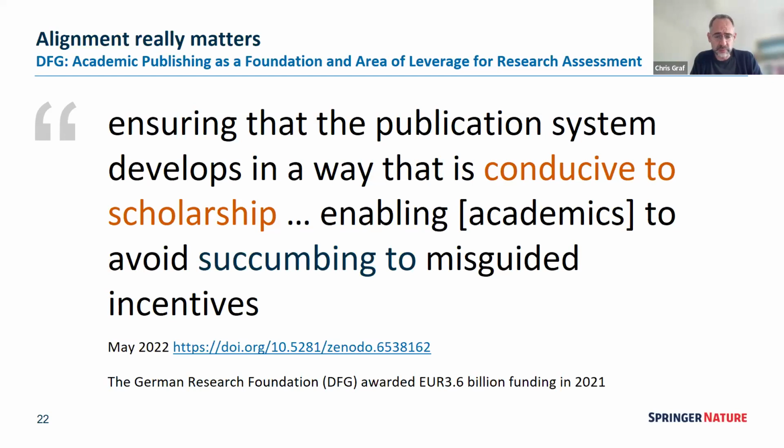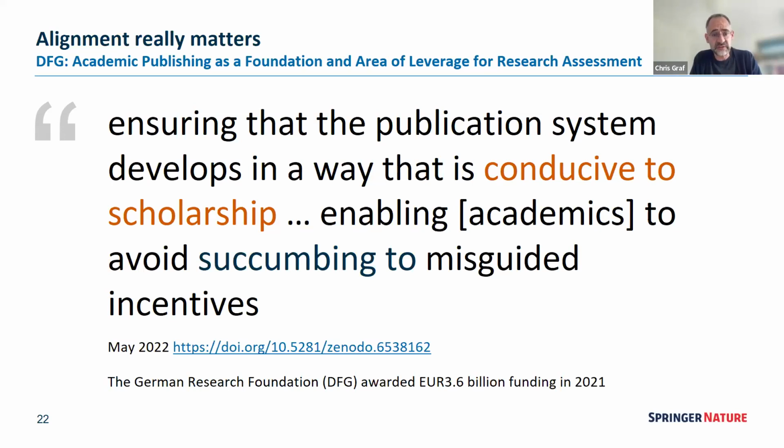The rest of the report goes into an enormous amount of detail, but wrapped around this concept is the idea that building this system that's conducive to scholarship is something that requires action from multiple stakeholders, including publishers, but of course, including people closer to home in the research institutions where research is actually conducted, including, of course, and naturally, the library and librarian community.